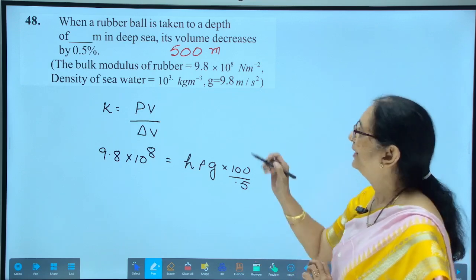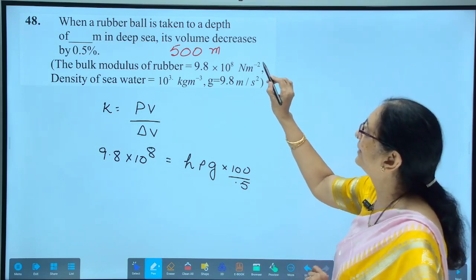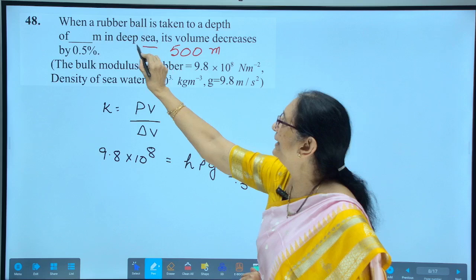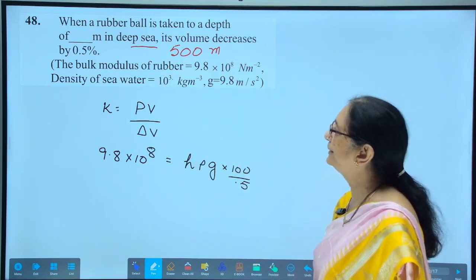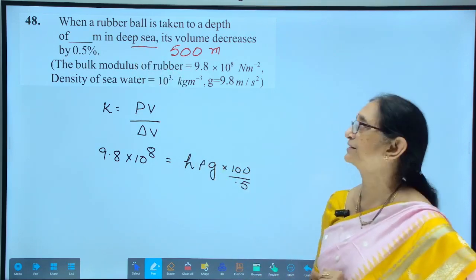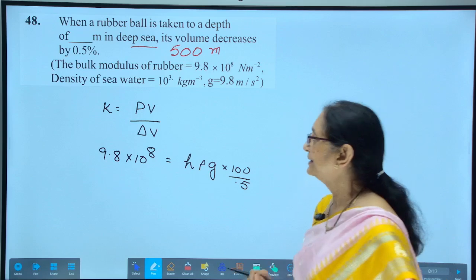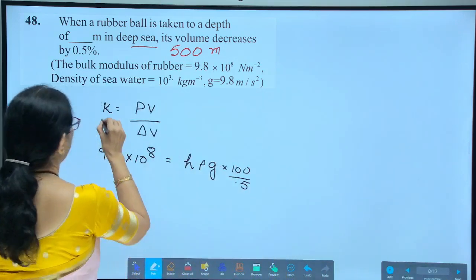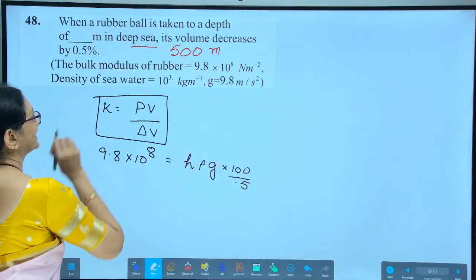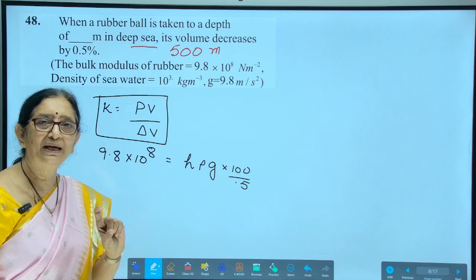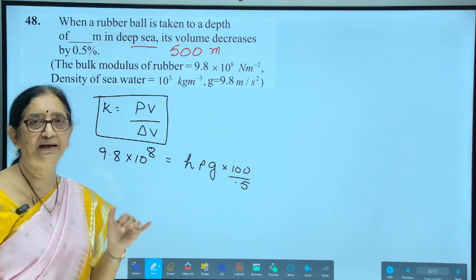Look, when a rubber ball is taken to a depth of dash meters in a deep sea, its volume decreases by 0.5%. What is the depth to which it is taken? See here, bulk modulus K is equal to PV by delta V, where P is the additional pressure applied.